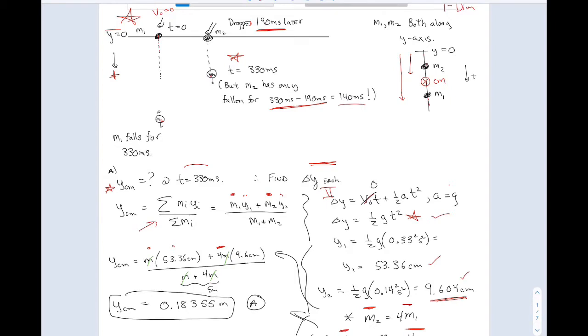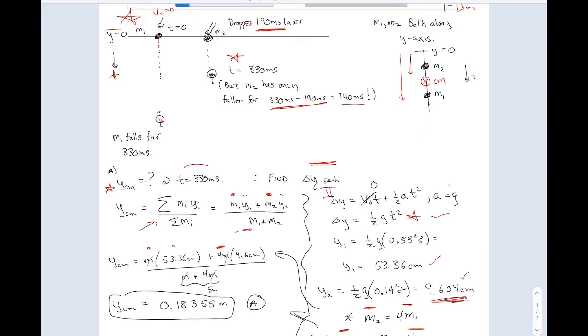I just wrote these in centimeters. It's nicer to write 9.6 centimeters than 0.096 meters. The other reason it's nice to use centimeters is that I wouldn't want an m for meters here and an m for mass. You could do it, but just make your m's look different.